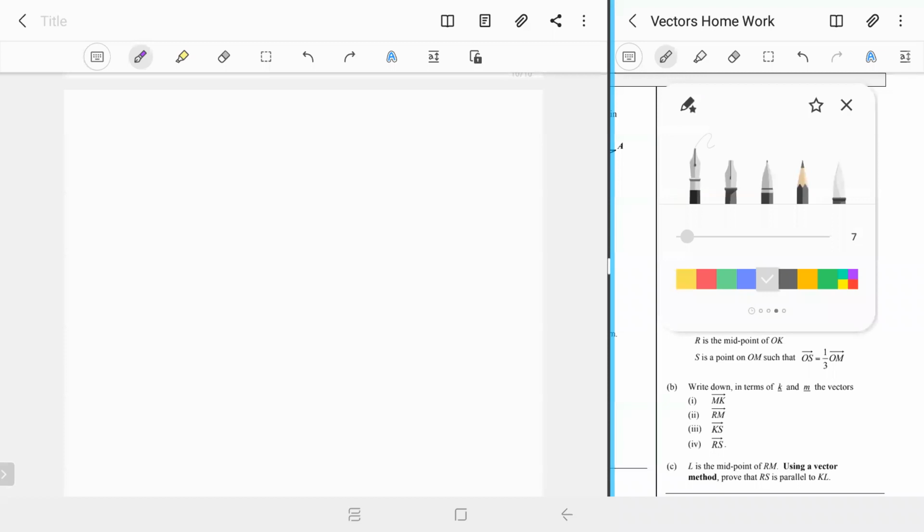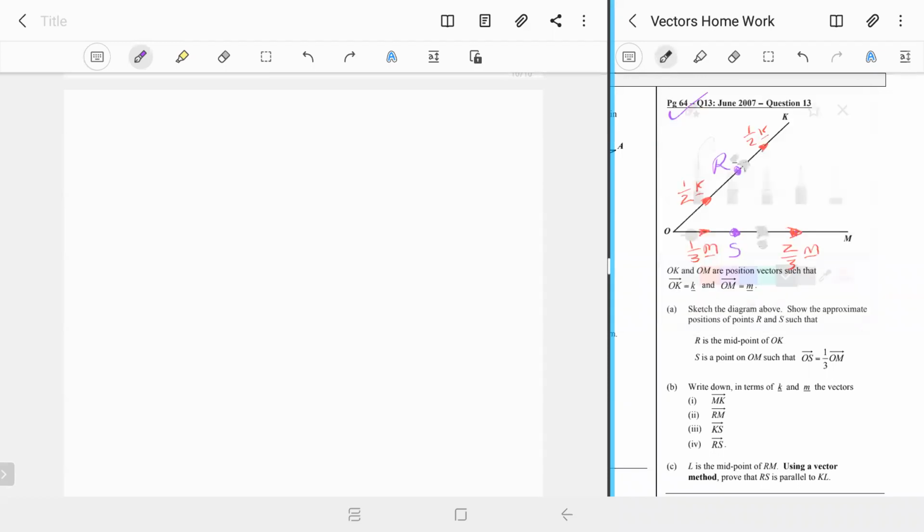I'll use black now and draw a line through here. Good.